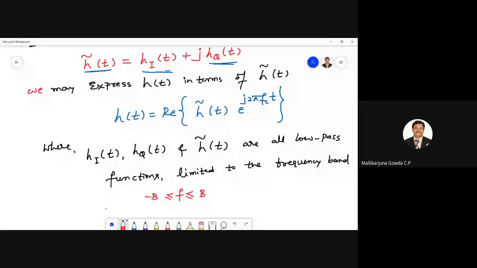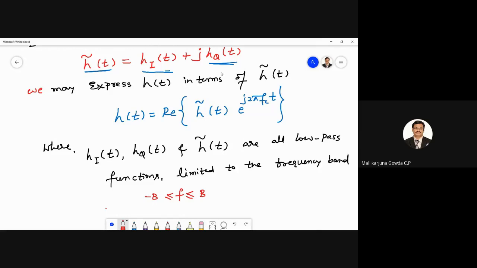Is this fine? So this is all in the time domain. In the same way, we can do it in the frequency domain also. I will leave it to you. Hope you understood how we find the impulse response of a bandpass system, that is, its complex low pass representation, h tilde of t, which is equal to hi of t plus j hq of t.